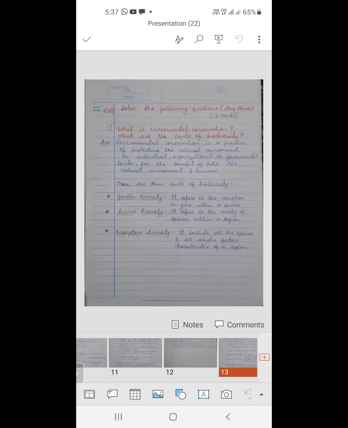What is species diversity? It refers to the variety of species within a region. And what is ecosystem diversity? It includes all the species and all abiotic factors characteristic of a region. If you write in this way, you can score 2 marks for this question. Okay.